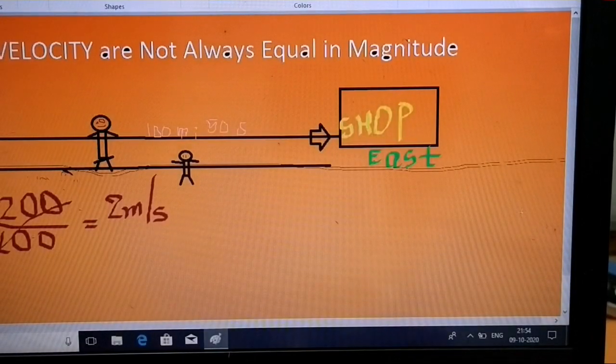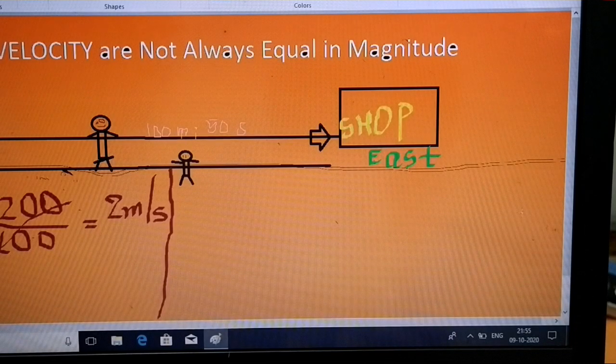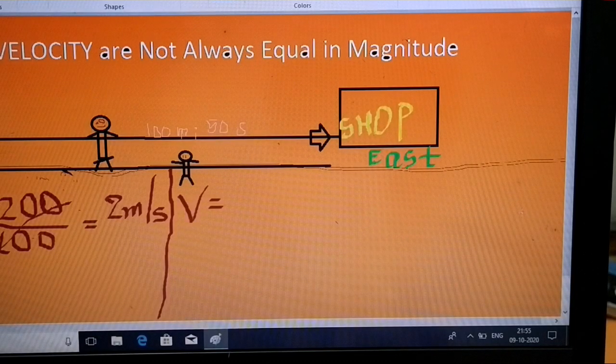Now the boy runs 100 meter toward east and then 100 meter in the opposite direction toward west and reaches the starting point, his home. So the displacement, meaning distance traveled in a given direction, will be 100 meter minus 100 meter, and the total time taken is 50 second plus 50 second, equal to 100 second.